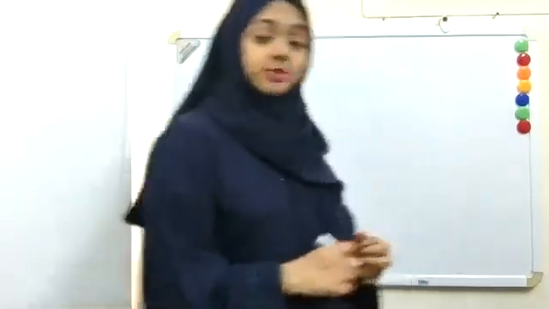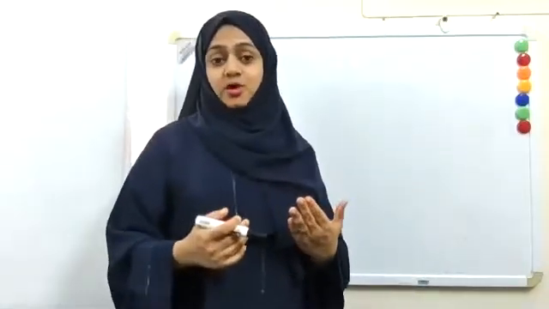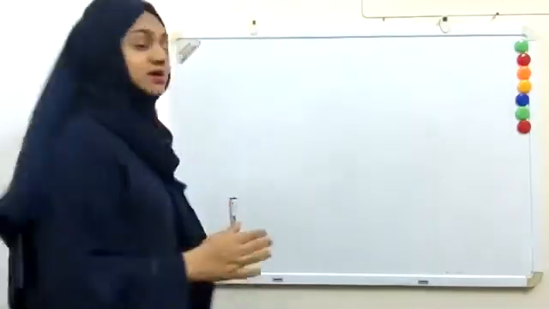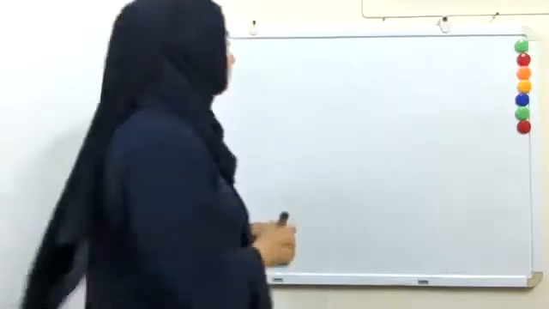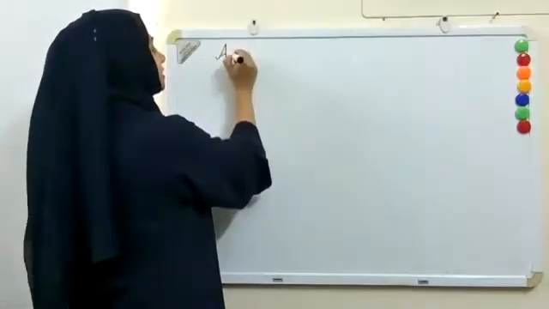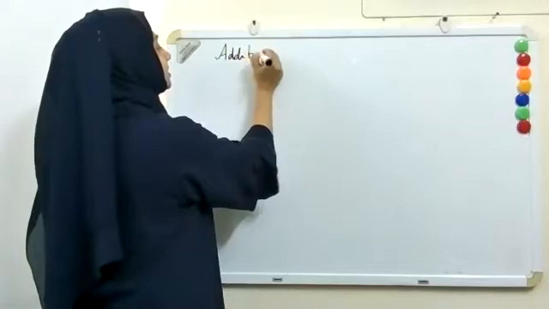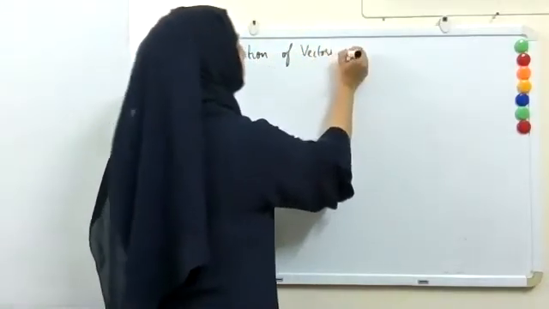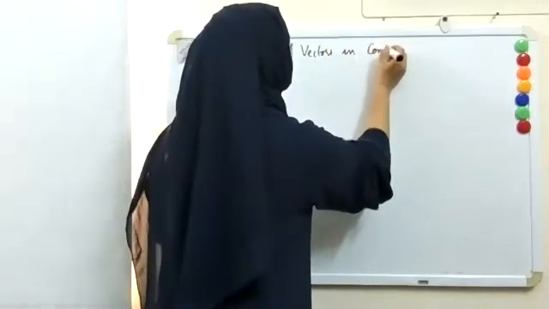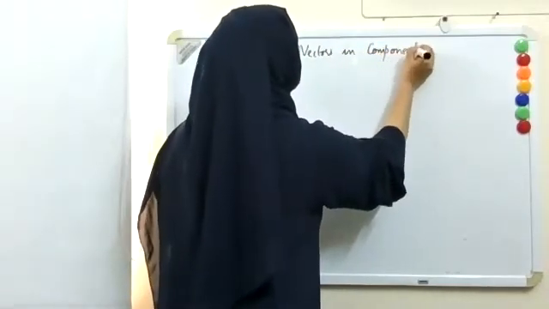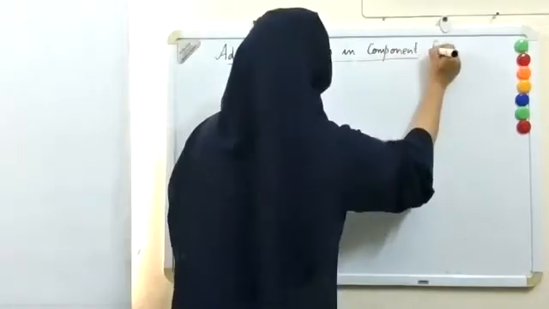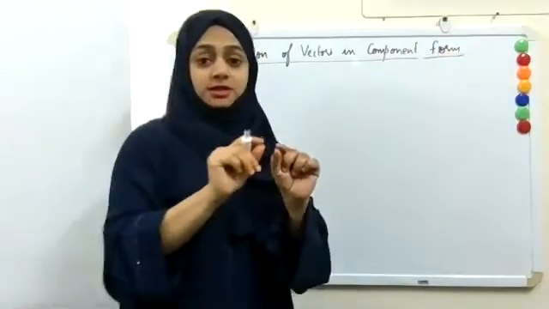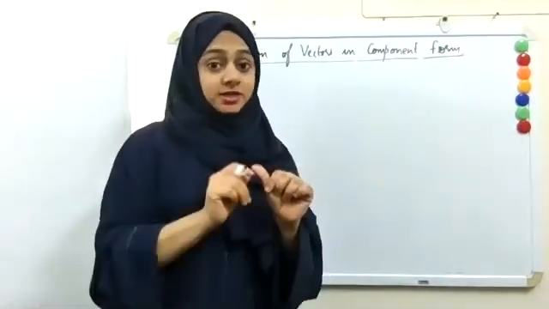So let us represent any vector in the component form and see how we can add them very easily compared to the previous graphical way. So addition of vectors in component form means if a vector is represented in the form of components taken along the x, y, and z axis.